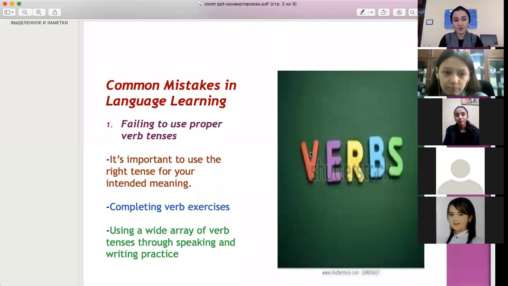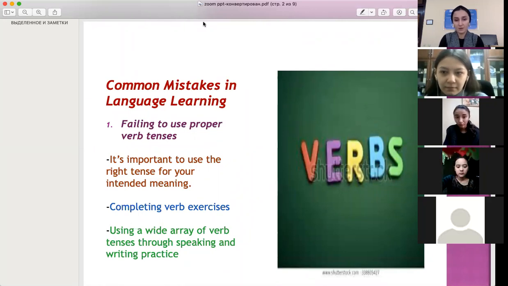Honestly speaking, I don't want my lesson to be conducted in a deductive way. By the way, do you know what the inductive and deductive methods of teaching languages are? Who can answer this question?